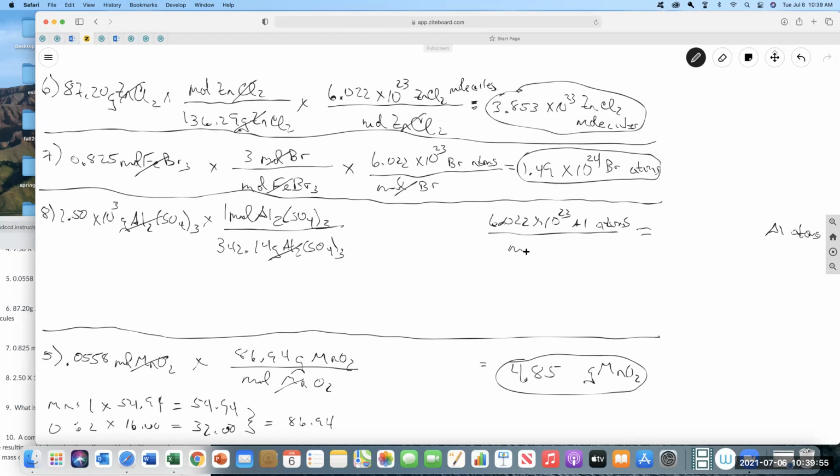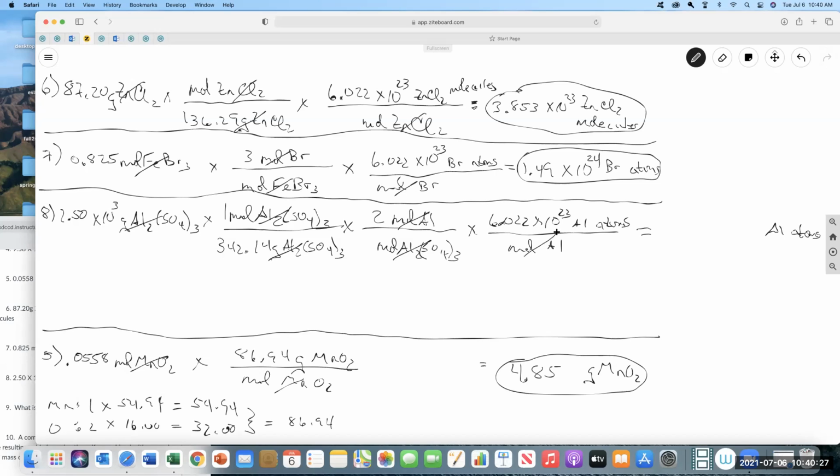Per mole of Al, right? And you see, again, these moles don't cancel. So we need moles of Al on the top to cancel that, and then moles of Al2(SO4)3 in the bottom. And from the formula, there are 2 moles of Al in a mole of Al2(SO4)3.